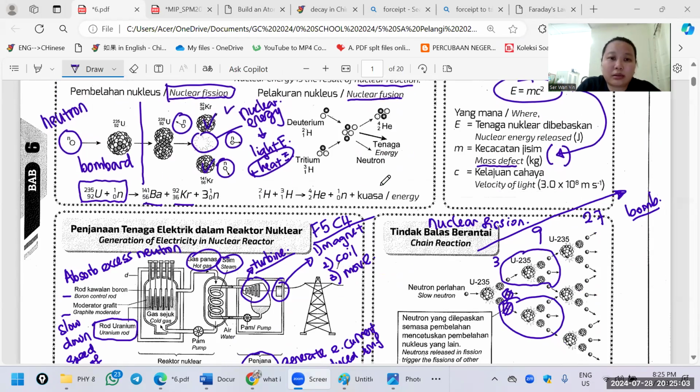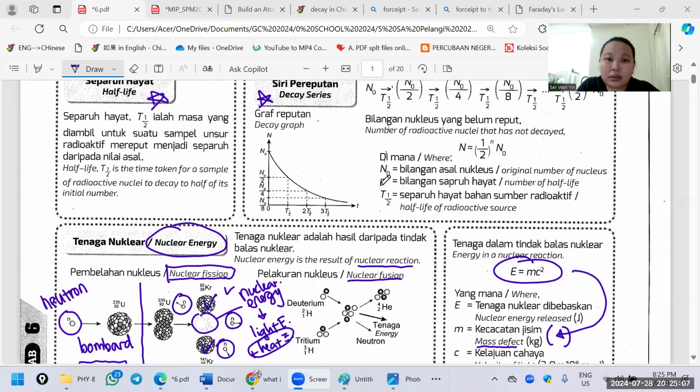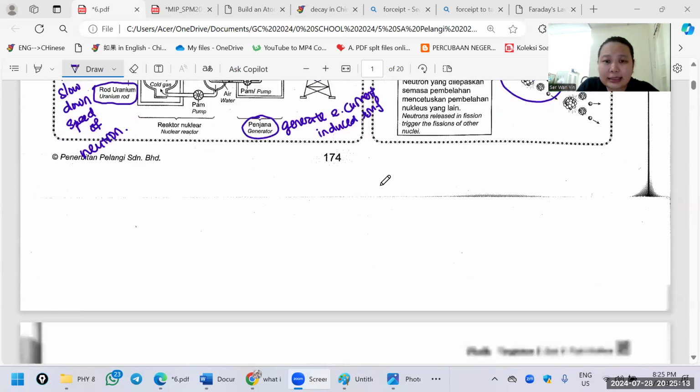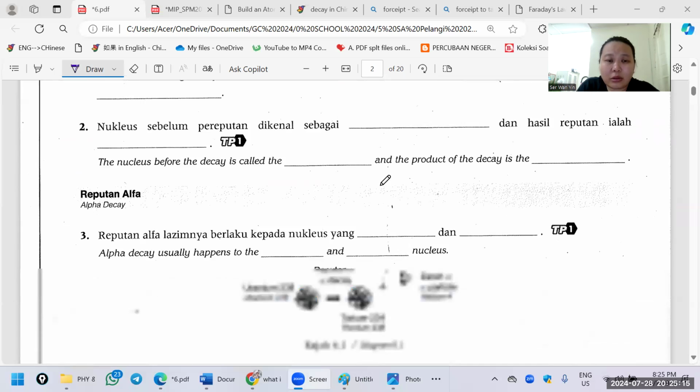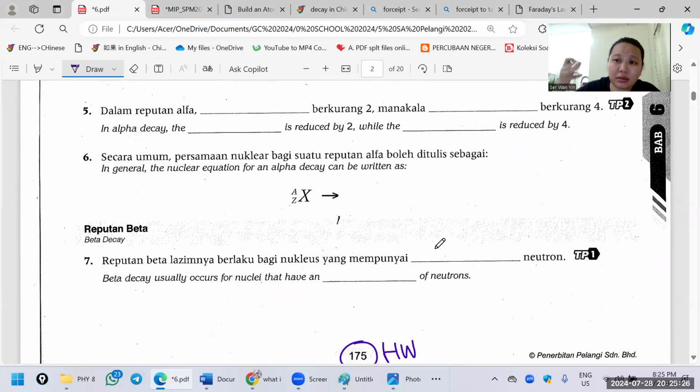Okay, so now we directly learn nuclear energy first. Quite easy if you understand the concept. So this one, page 175, you just copy, understand, copy and get the idea.